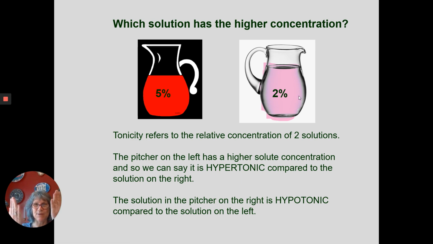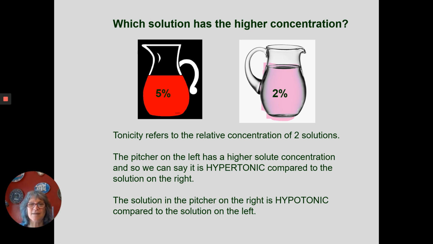If I'm comparing two things, then I can describe this one relative to this, or I can describe this relative to this. So here, I can also describe this picture with 2% concentration. This is lower than 5%. So I can describe this picture as being hypotonic compared to the one on the left, to 5%.